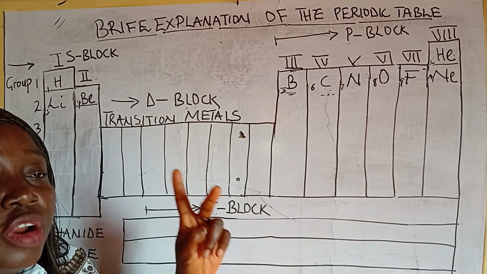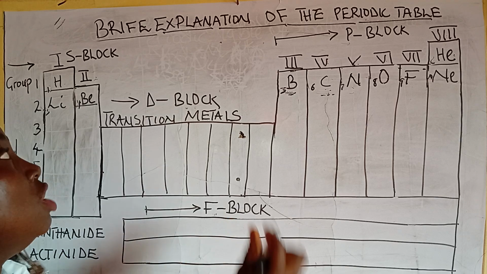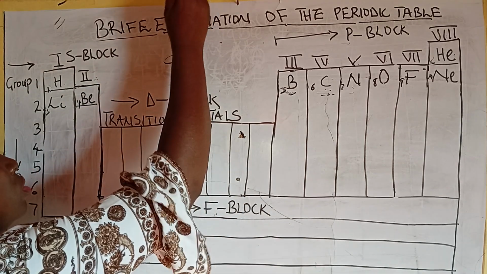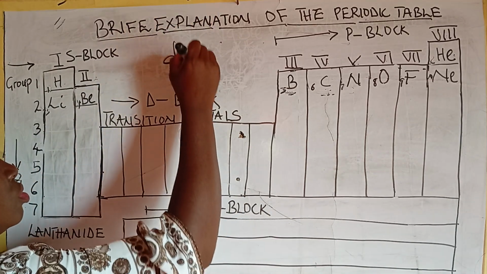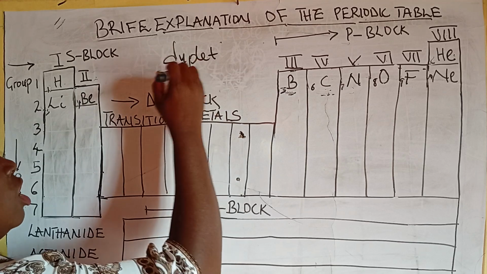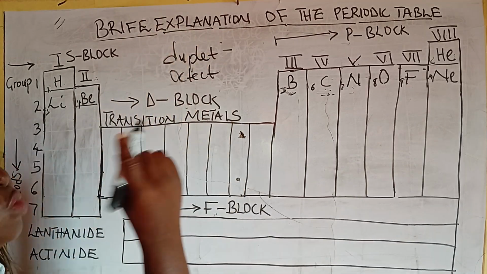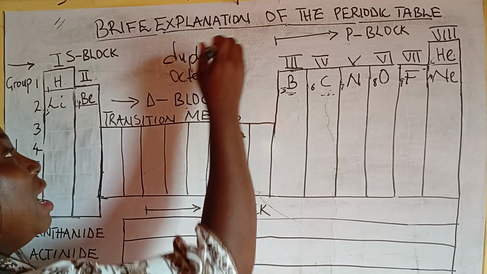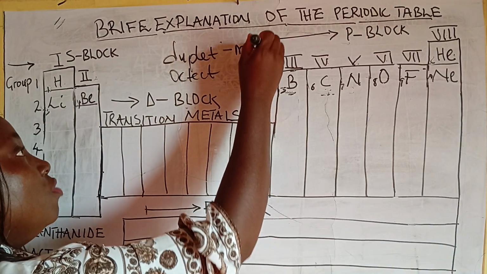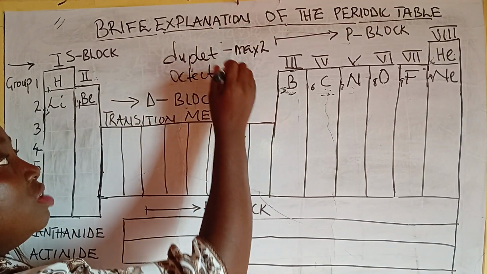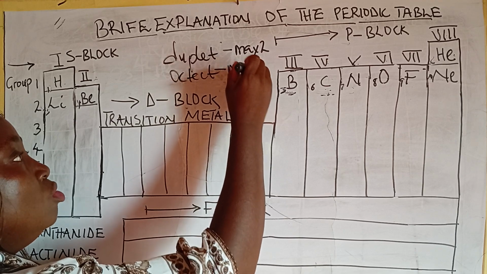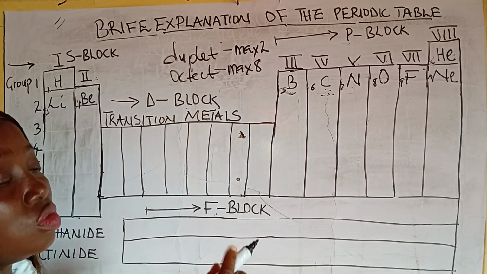There are 2 stable configurations, which are the duplet configuration and the octet configuration. Duplet configuration is when a shell has a maximum of 2 electrons, while octet is when a shell has maximum of 8 electrons.